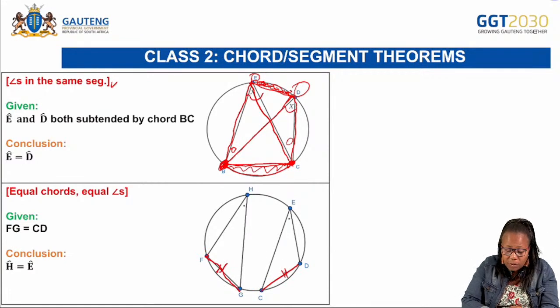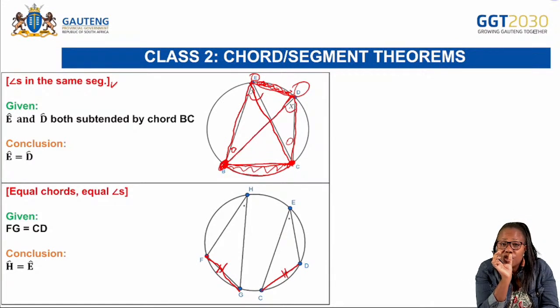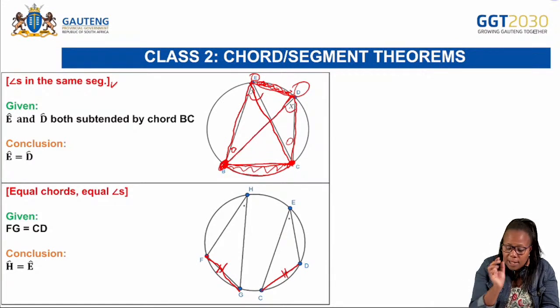If I have chord CD subtending angle E on the circumference, and another chord FG, and there is an indication that these two chords are equal, therefore it also subtends an equal angle on the circumference.